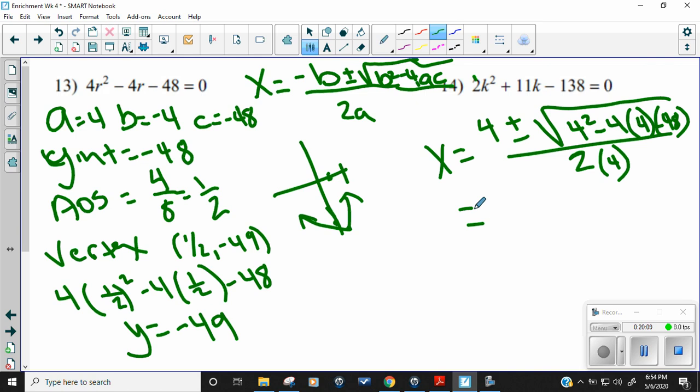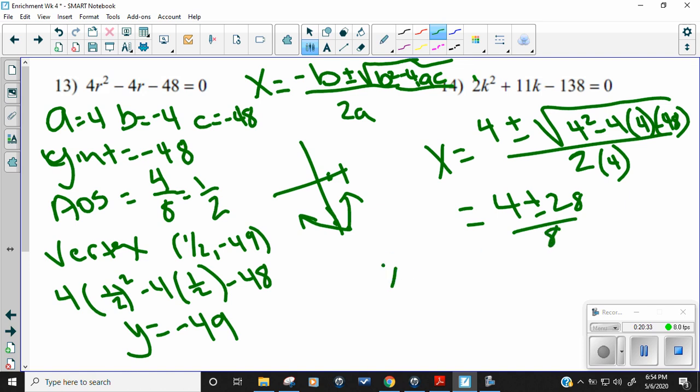So 16 minus 4 times negative 48. That's 784. I don't know the square root of 784 off the top of my head. So the square root of 784 is 28. So I get 4 plus or minus 28 divided by 8.